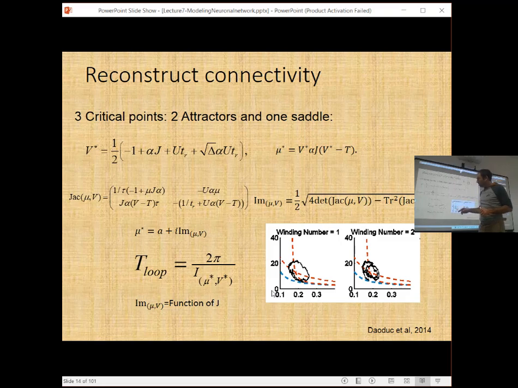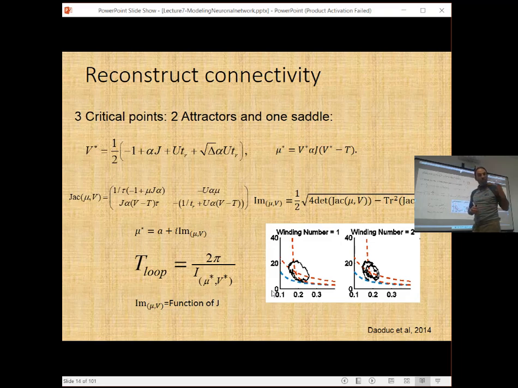And so it means that what defines the frequency of oscillation is the combination of all these parameters, including the level of connectivity of the network.